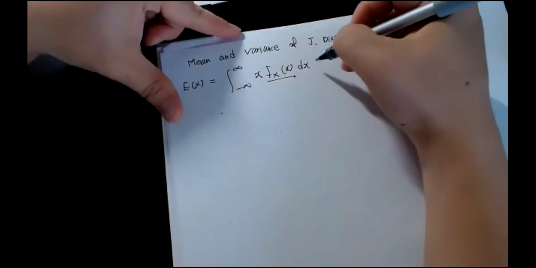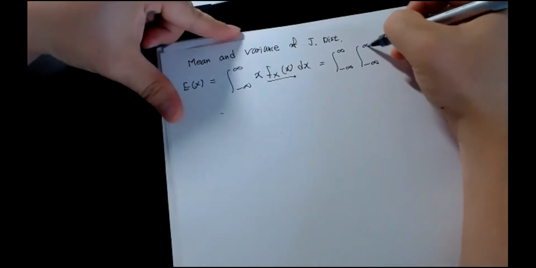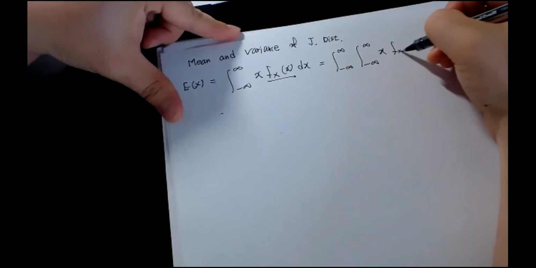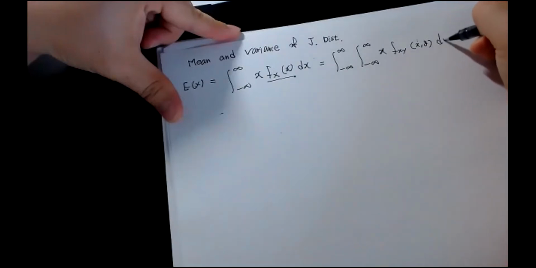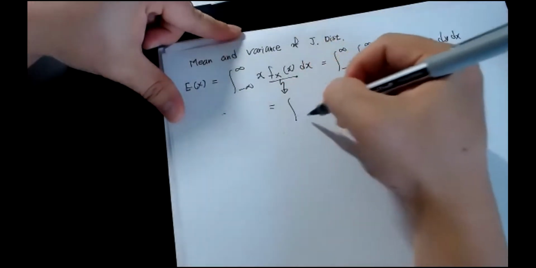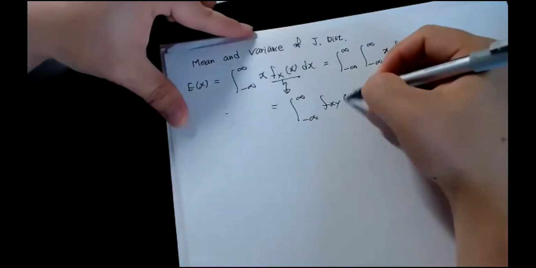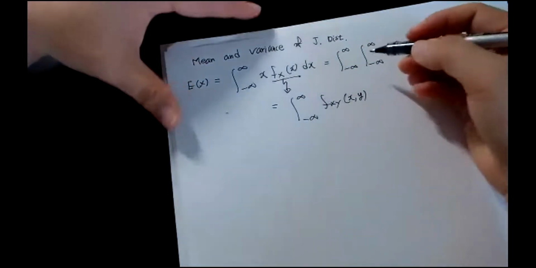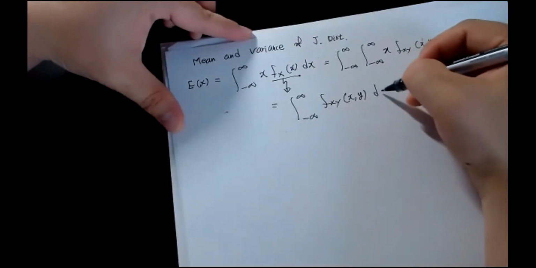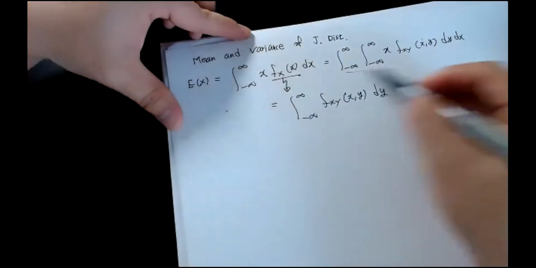So that is equal to the integral from negative infinity to infinity, and from negative infinity to infinity, of x times f_XY(x, y) dy dx. We don't know the limits of integration for y and x, so in general we say negative infinity to infinity. This is the joint PDF, I'm sorry, not PMF, PDF, and then dy. So plug this in here, and we get this.